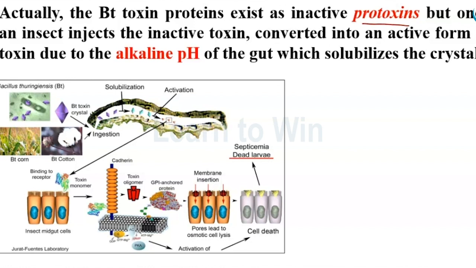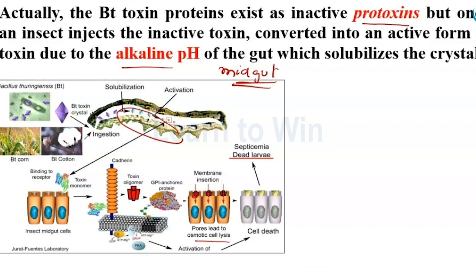But when it enters the mid-gut of the insect, the insect has alkaline pH. In that pH, this protoxin becomes active, and as a result it creates osmotic cell lysis.